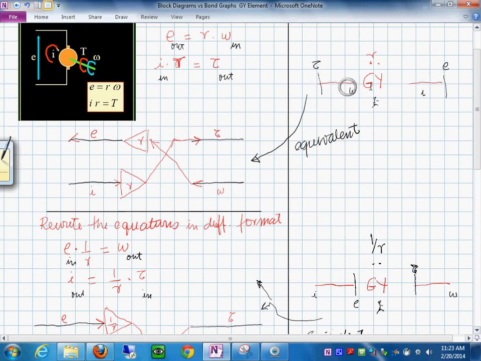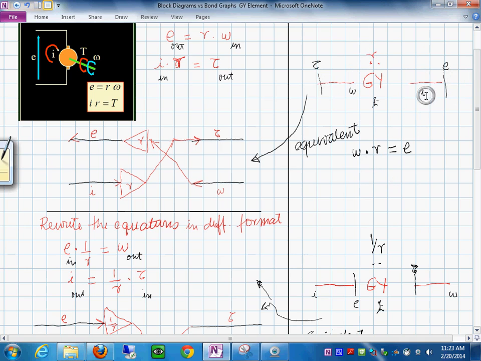Now, once it's in this form, you have to learn how to get the equations from it. If you are given this, I ask you what does it mean? It means right here that omega multiplied by R produces E. So you see, this comes in, times R produces this, which is the output.